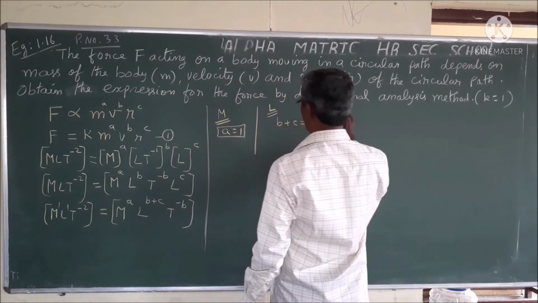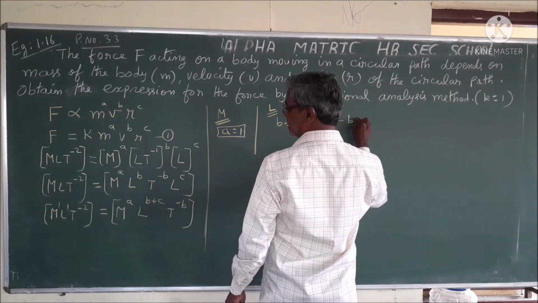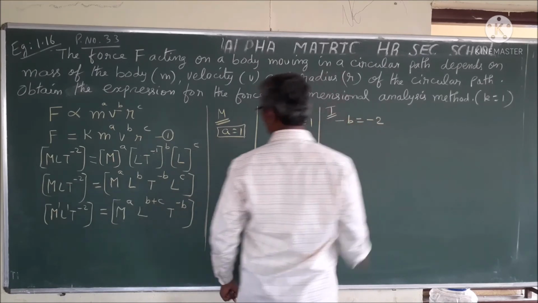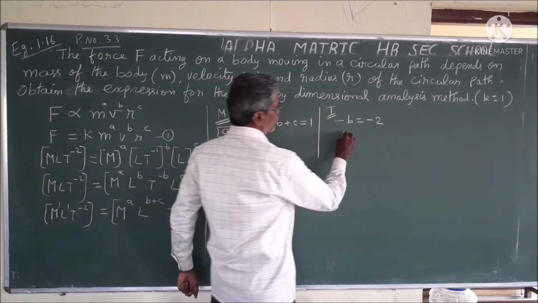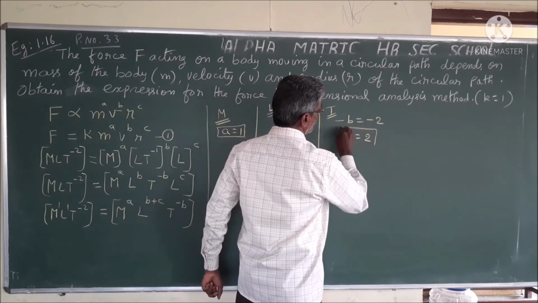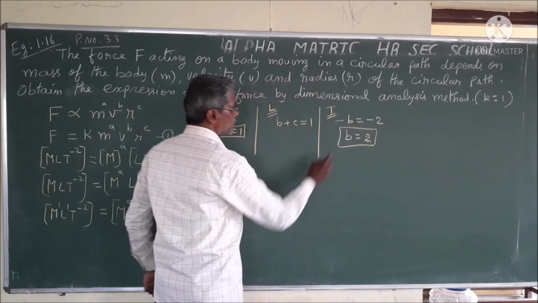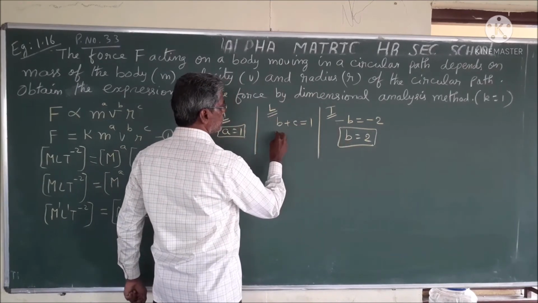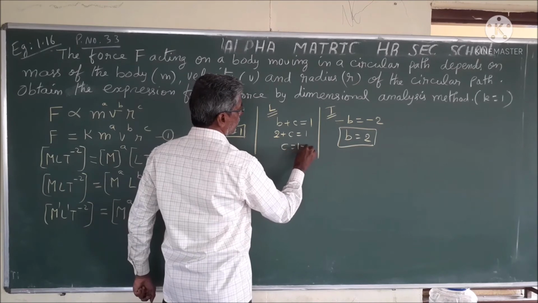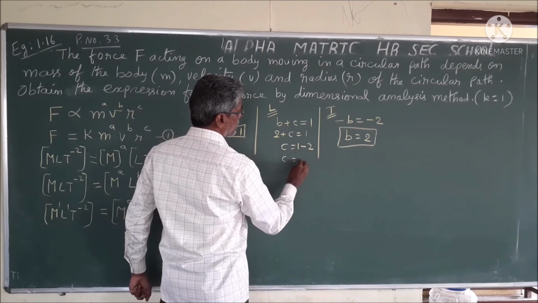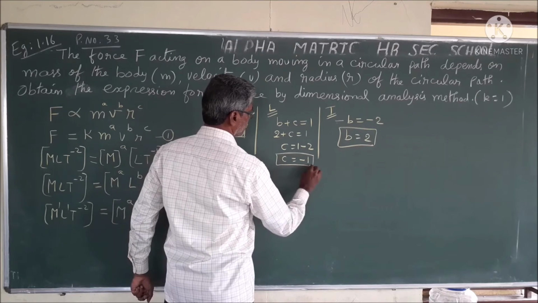Then if I take T, minus b is equal to minus 2, so b is equal to 2. Substitute the value of b here: 2 plus c is equal to 1, c is equal to 1 minus 2. Therefore c is equal to minus 1.